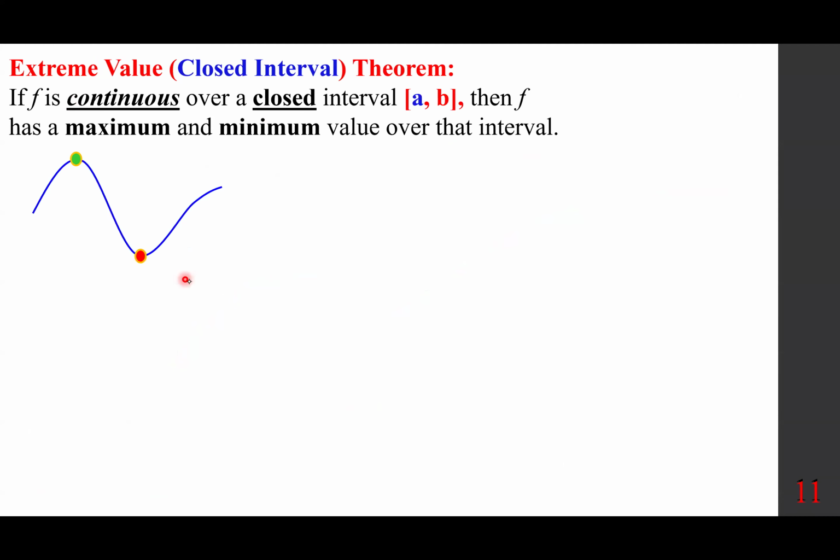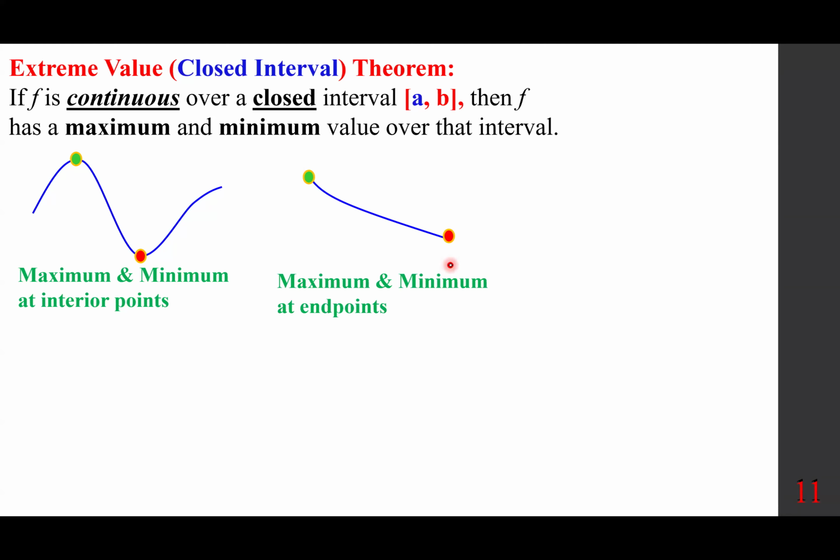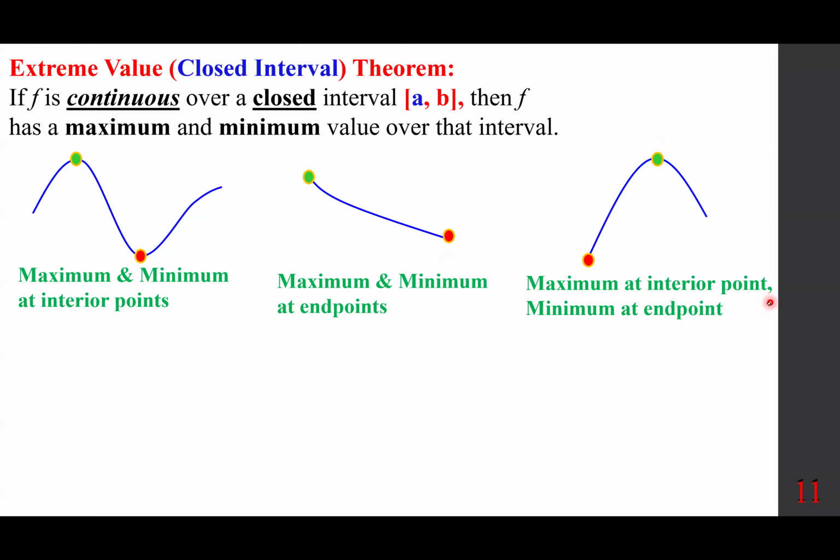So maximum and minimum at interior points. This one, absolute max, absolute min at the endpoints. Absolute max, absolute min, one is interior, but one is at the endpoint. Maximum at interior, minimum at endpoint.